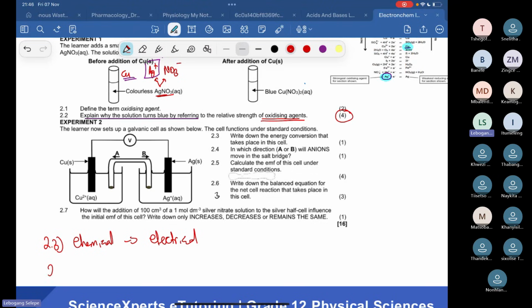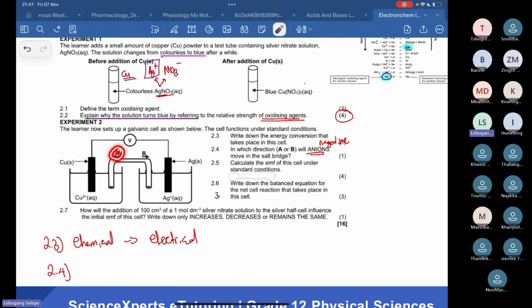Then 2.4: which direction will the negative ions move in the salt bridge? Are these ones the negative ions, or these ones? So what's your answer?